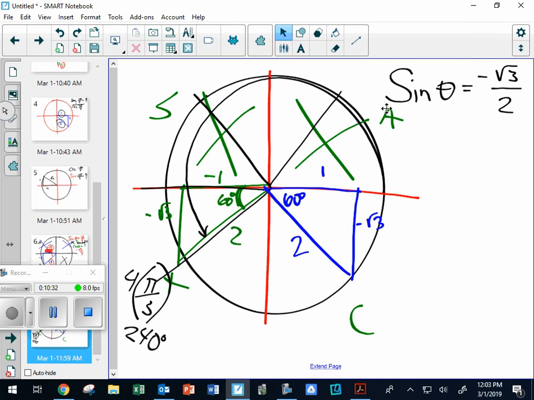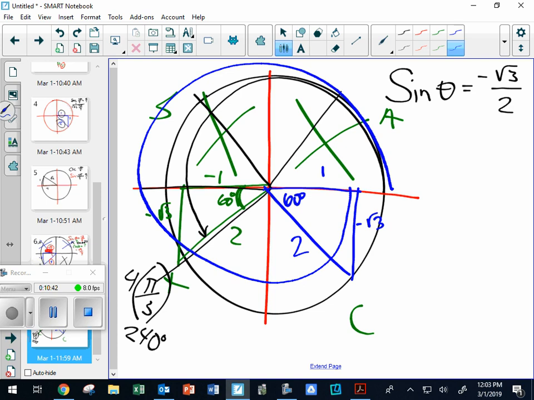Yeah, you got it. And if you can't do that in your head, I'll show you what he was doing. He was going from here all the way around, and he went 360, and then he subtracted off the 60, and that made 300. Or, if you instead want to do radians, you could say 1 pi over 3, 2 pi over 3, 3 pi over 3, 4 pi over 3, 5 pi over 3.